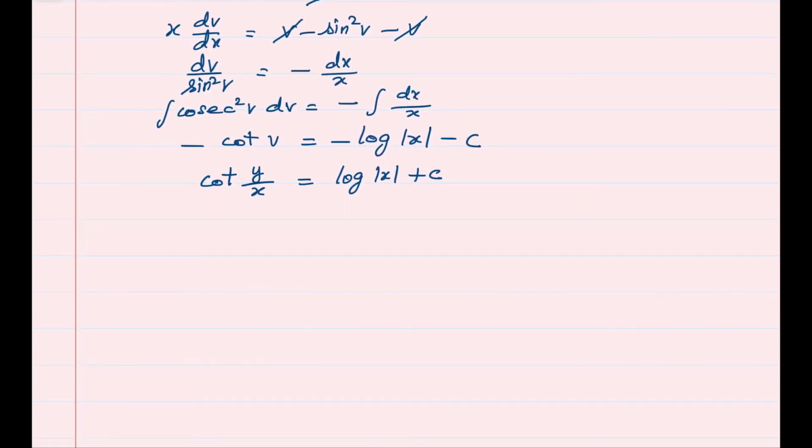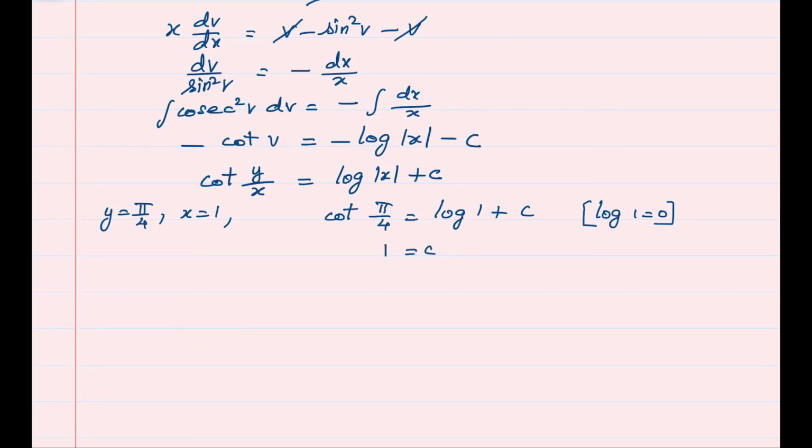This is an initial value problem. y is pi by 4 and x is 1. Substituting these values, we get cot of pi by 4 equal to log of 1 plus c. Log 1 value is 0 and cot of pi by 4 is 1. Therefore, c is 1.